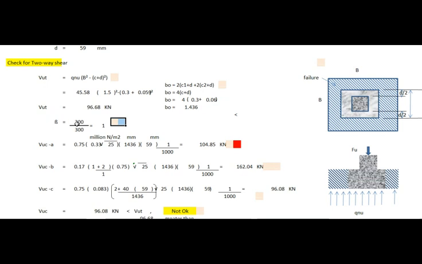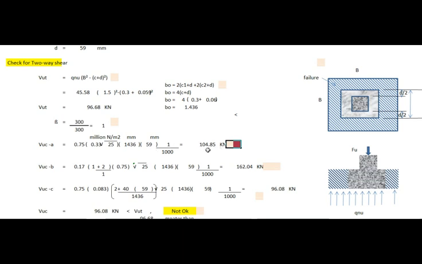Beta is calculated as per code, the ratio of the long side of the column to the short side of the column. The shear capacity equation in the code is 0.75 times 0.33 square root of 25 times 1436 times 59 times 1 over 1000, to convert to the same unit.